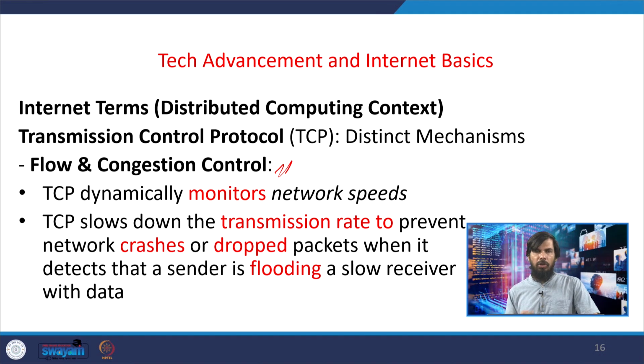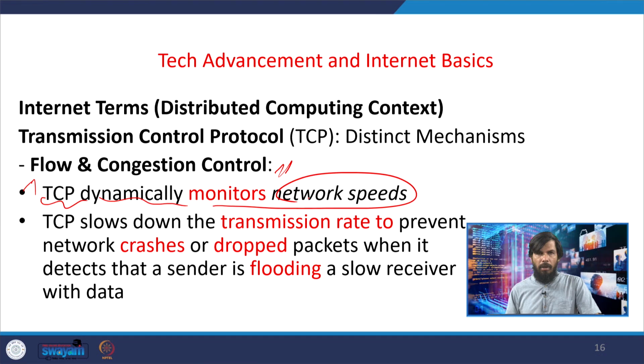So, the flow and congestion control mechanism is also handled by TCP. TCP dynamically monitors network speeds, how fast the segments are moving, and will slow down the transmission rate to manage this flow and congestion. It will slow down the transmission rate to prevent network crashes or dropped packets.